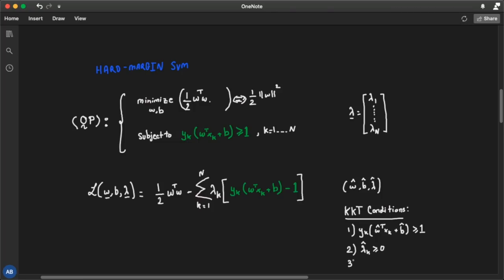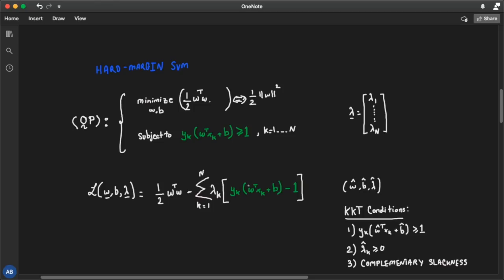And 3, we should have complementary slackness. And what is complementary slackness? It means that for the kth constraint, either lambda k is 0 or the green term is 0.